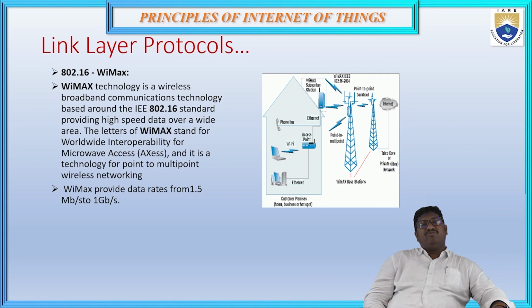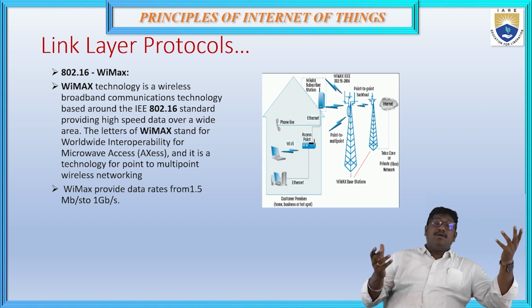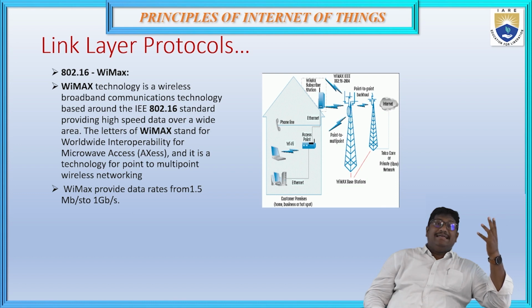Coming to the next one, WiMAX, which is a technology based on wireless broadband communication. What is WiMAX? Worldwide Interoperability for Microwave Access. W stands for worldwide, I stands for interoperability, MAX for microwave access, and AX stands for access.